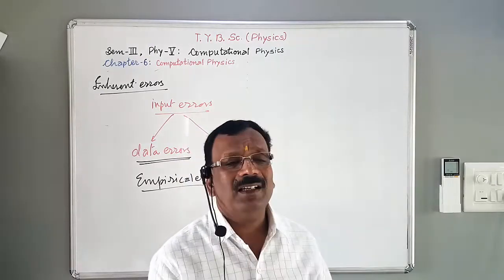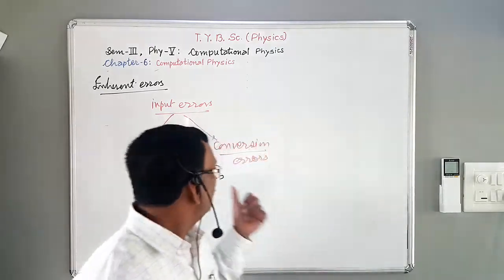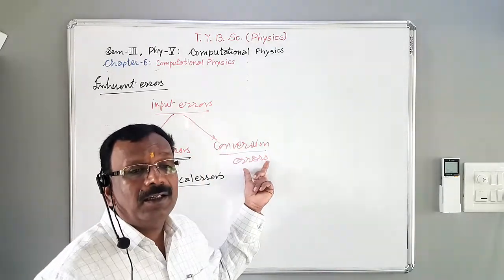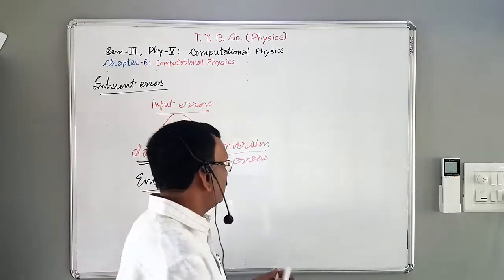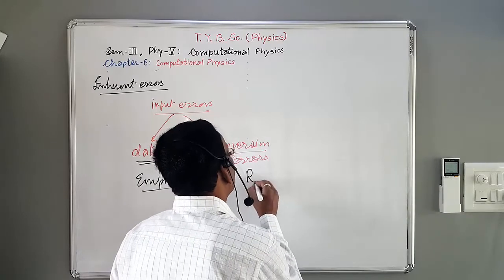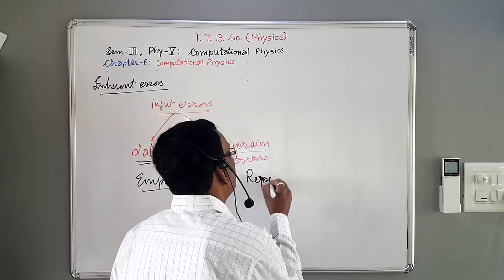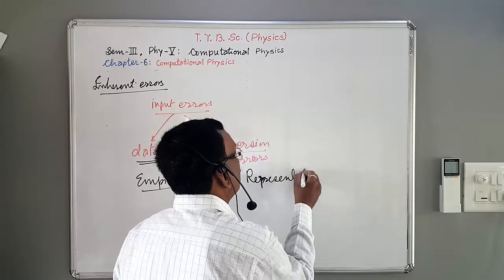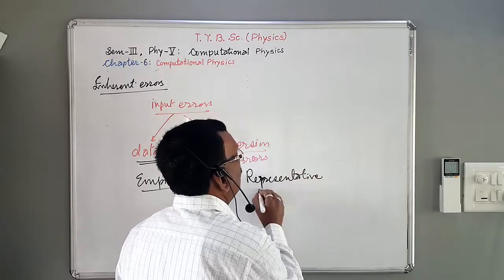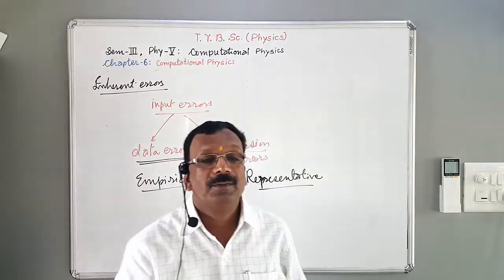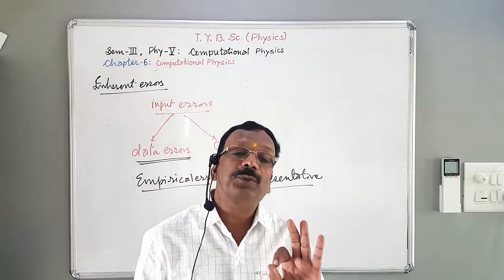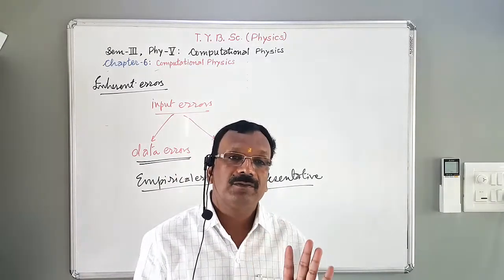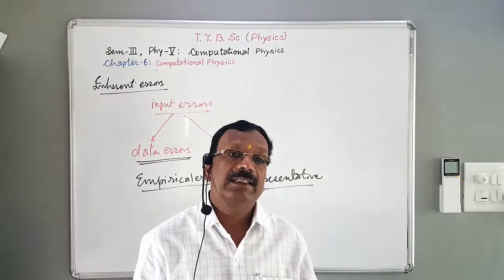And conversion error is also known as representative error. These errors are due to limitations of the computer to store the data exactly.